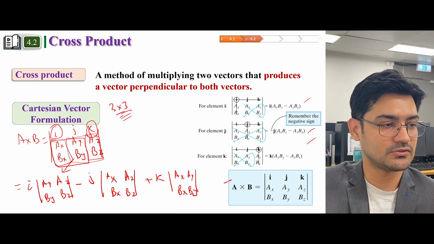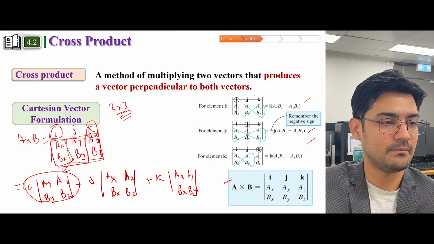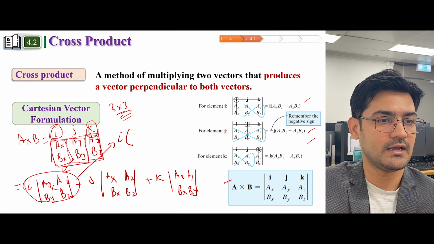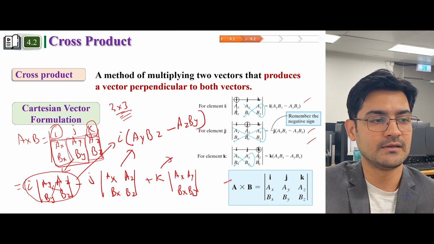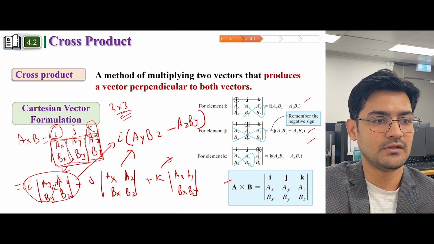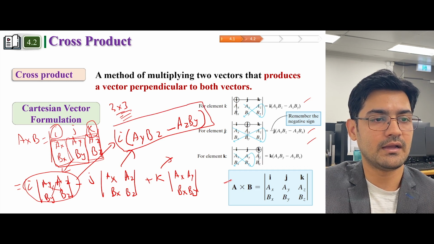And I'm just going to solve for this one because this can be solved. You have to multiply this with this, and you have to put negative and multiply this by this. So it would be AY BZ minus AZ into BY. Similarly, you will do for j and you will do for k. So you can see you get i times (AY BZ minus AZ BY).